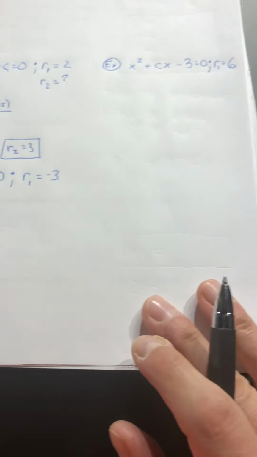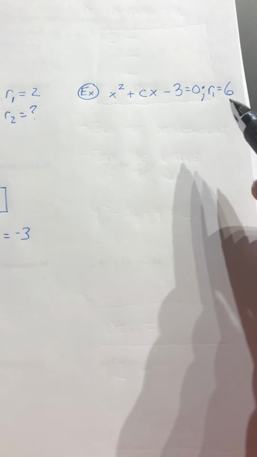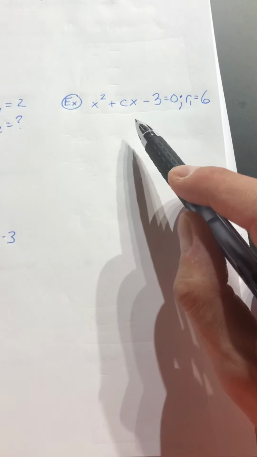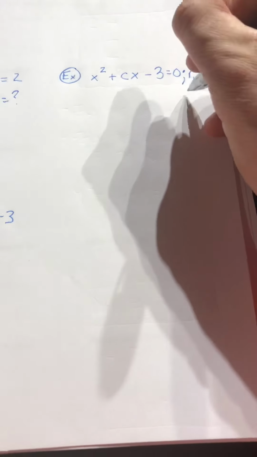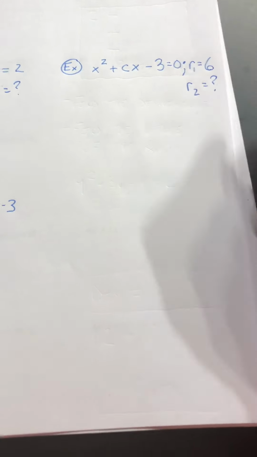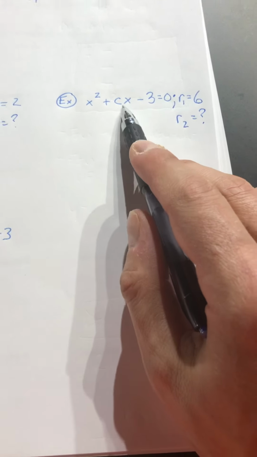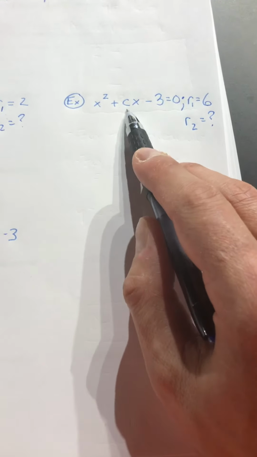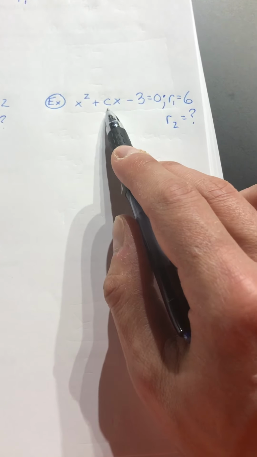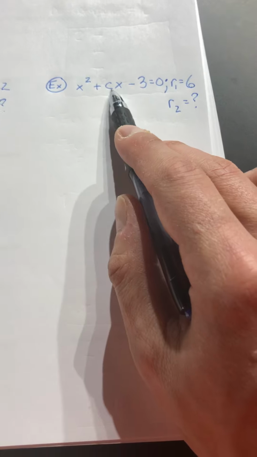We're going to slide over to this one now. Looking at this example, same instructions for this whole page. Here's our equation. That's root 1. We have to find root 2. In this case, we have x, c, and x. We can't use the sum shortcut to find the root because we don't have a coefficient of x. So we're going to have to use the product.